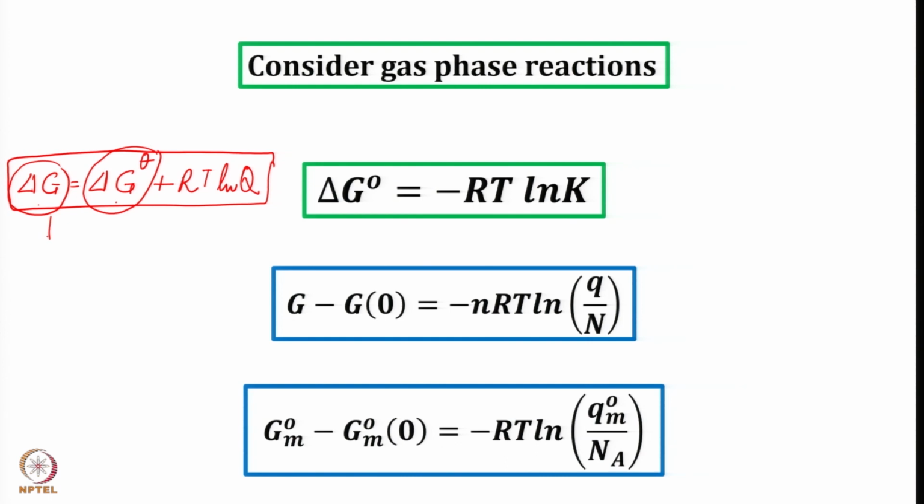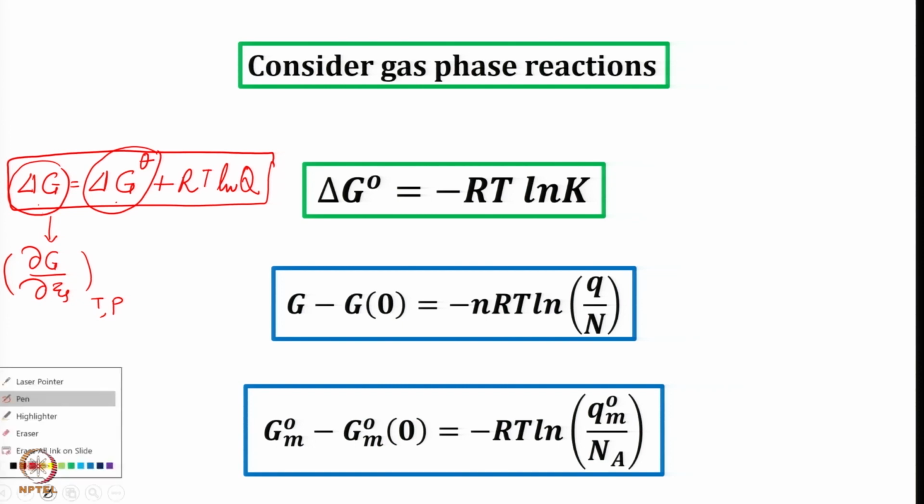This delta G is actually the slope, delta G by delta xi, at constant temperature and pressure. That means the positive or negative value of this delta G is going to decide in which direction the reaction is spontaneous. At equilibrium, delta G is always 0.